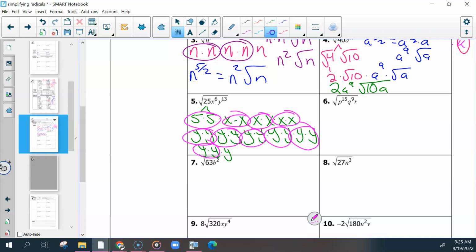So everything that is a pair gets to come out. Now if you're writing out each of these by pairs, it would look something like 5 times your 3 groups of x's times your 6 groups of y's and your 1 y that's left over.